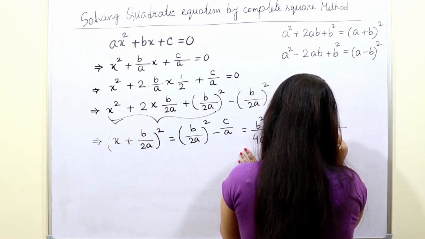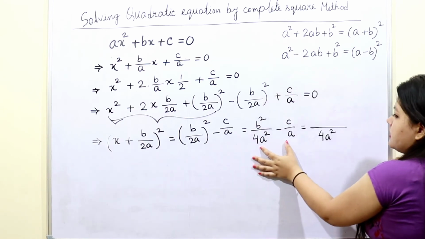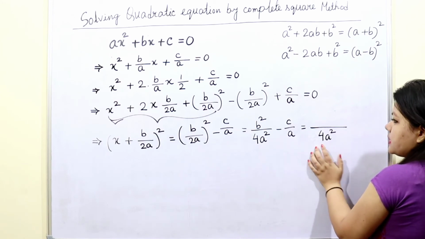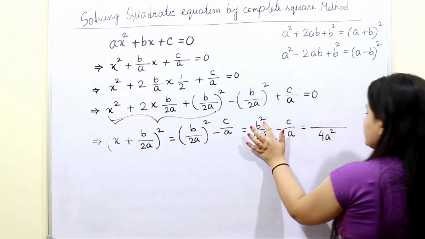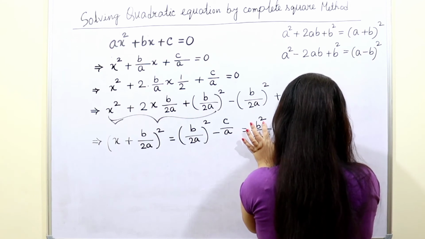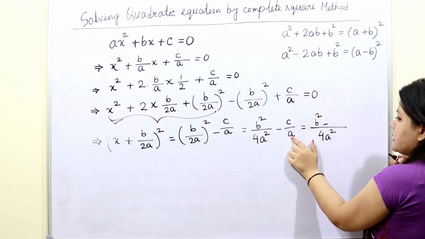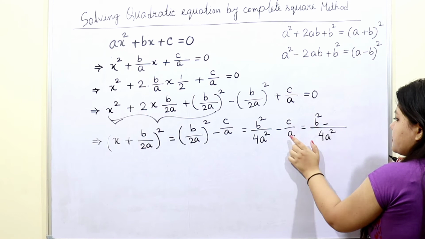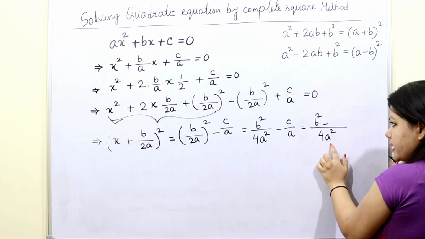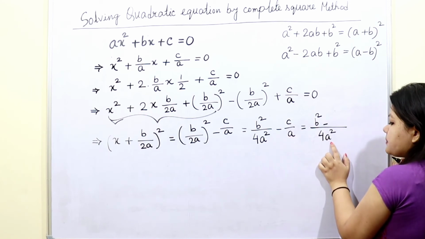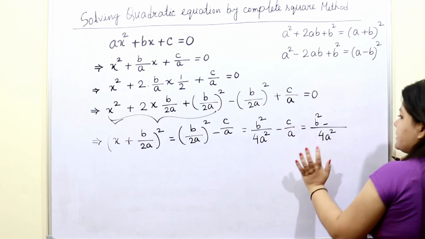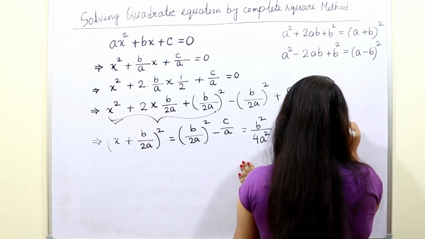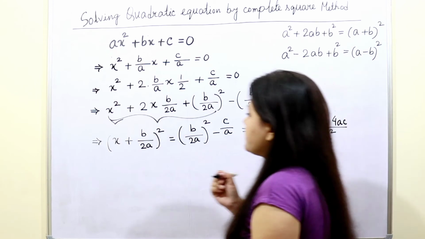After taking the LCM value, the numerator values will be b square, then minus, if we divide 4a square by a, it remains 4a, then we have to multiply 4a and c, so it becomes 4ac.